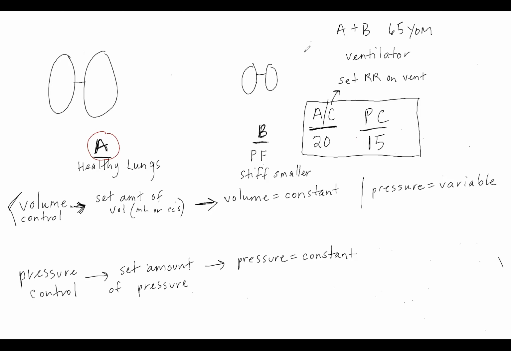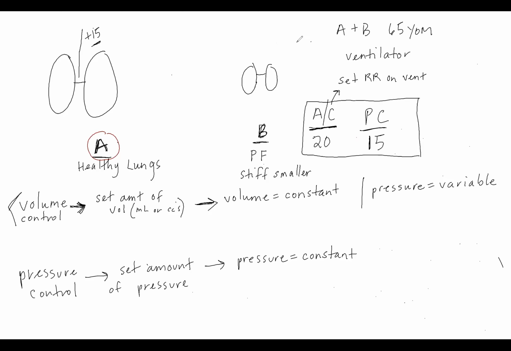So let's look at the job of the ventilator in these two patients. I've got patient A up here with the nice healthy lungs. Let's say 15 of pressure going in. Now, what I don't know is how much those lungs are going to expand with this much pressure going into it. So this is a completely made up number.